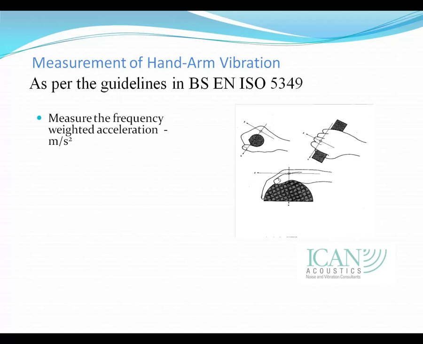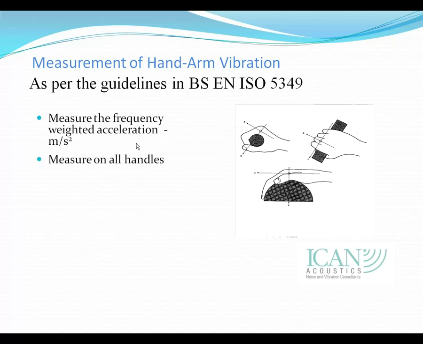While we use an accelerometer, we're not measuring the linear acceleration. We are measuring a weighted acceleration that has been corrected to represent how vibration affects, or the sensitivity of the hand and arm to vibration in certain axes. So again, what is important, it's a weighted acceleration.